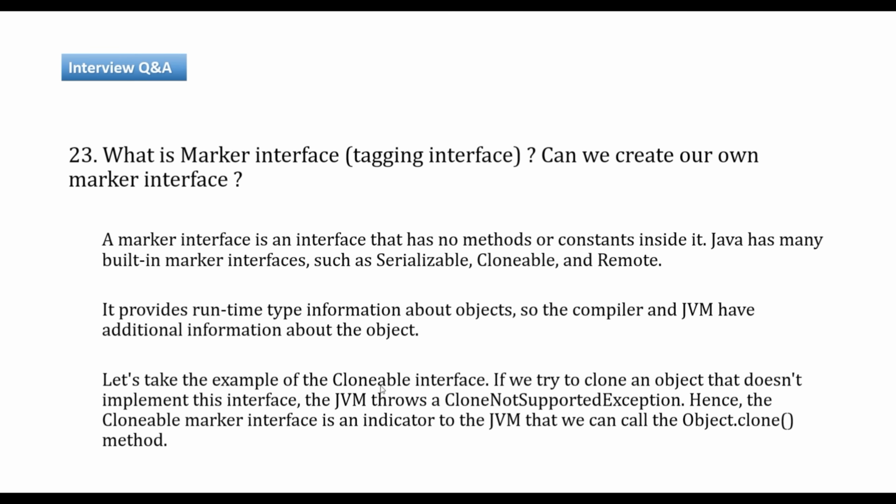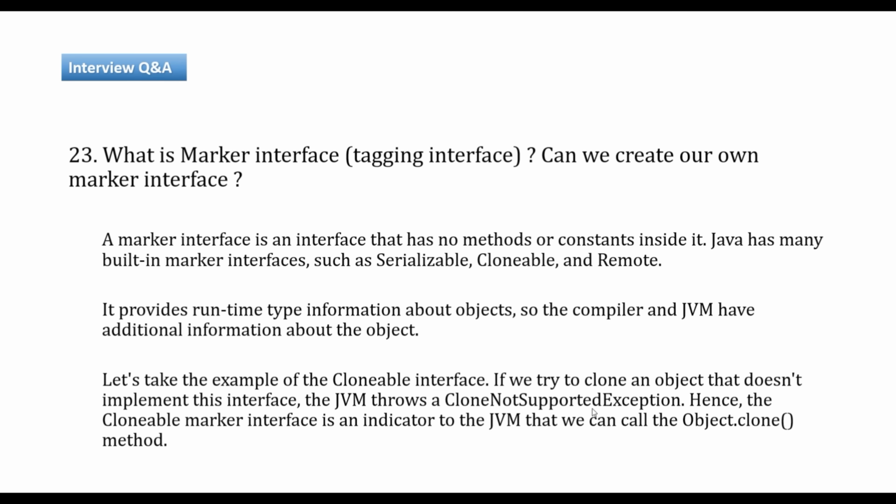Let's take the example of the Cloneable interface. If we try to clone an object and it does not implement the Cloneable interface, then the JVM throws CloneNotSupportedException, right? Let's say I have one Employee class and I am trying to clone the Employee object, but that Employee class didn't implement the Cloneable interface. Then the JVM will cry at that time.